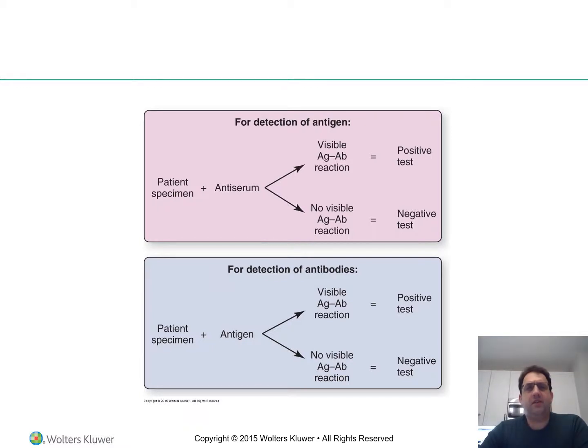The detection of antigens, basically what you do, you get the specimen and an anti-serum, and you introduce the serum to the antigen, and the antibody, and you would get a reaction. If there's no visible antigen-antibody reaction, you have a negative test, you don't have the disease. For detection of antibodies, now you're going to introduce the antigen and see if there's a reaction.